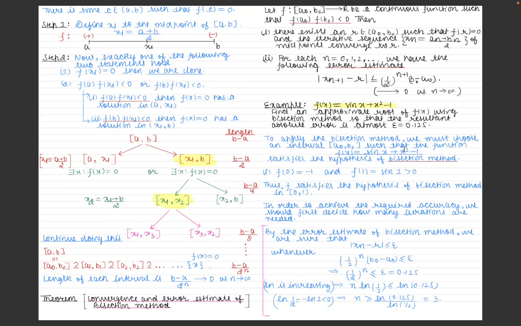The question is: find an approximate root of f(x) using the bisection method such that the resultant absolute error is at most 0.125.